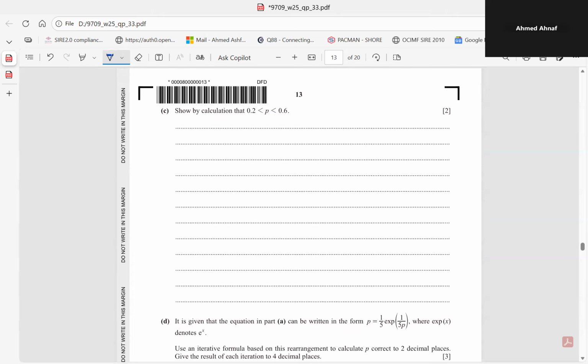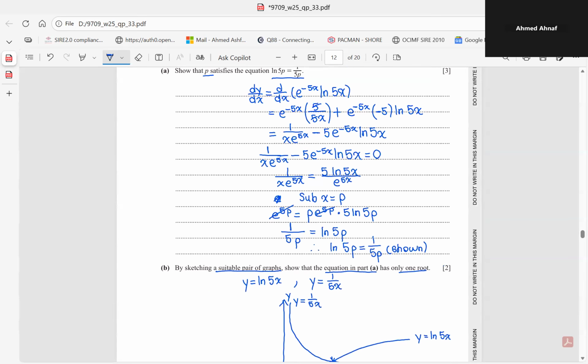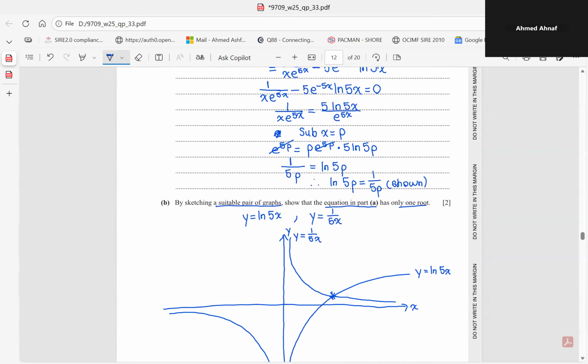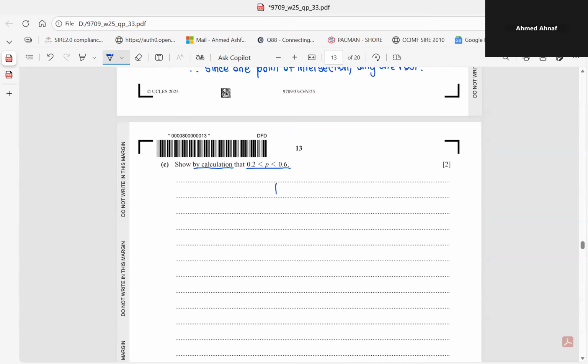Okay, so for this part, we have to show by calculation that p lies in this range between 0.2 and 0.6. All right, so to show that, how I like to do it is to take the original equation and make one side equal to 0. So we get ln 5p minus 1 over 5p equals 0.